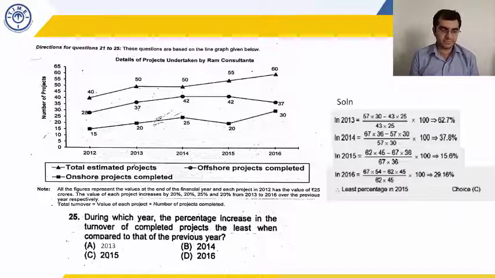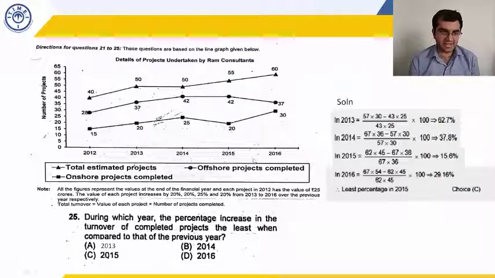Okay, so let's look at this question one more time. I had initially explained with the data how the value of each project is changing. 2012 it is 25, 2013 it increases by 20%. So 25 increases by 5, that's 30. 30 increases by 20%, that's 30 plus 6, 36. 36 plus 9, 45.